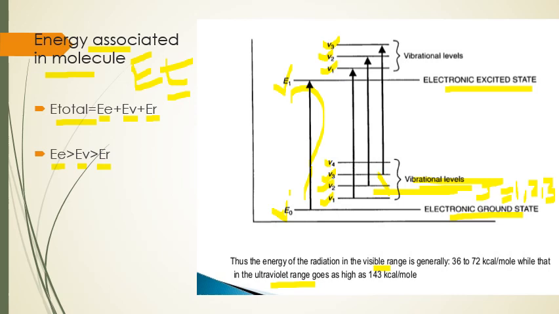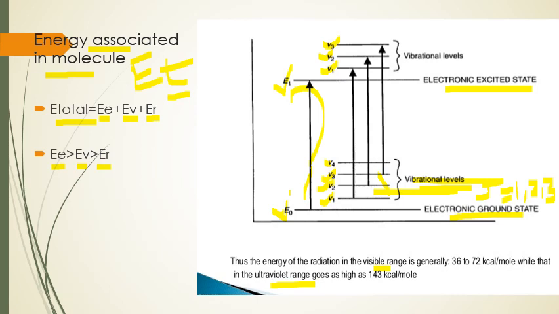The electronic energy is very high compared to vibrational energy and rotational energy. So always for the electronic transition we require higher energy radiation. When we give the sample UV visible range of radiation, then only the electronic transition takes place. This high energy transition takes place.